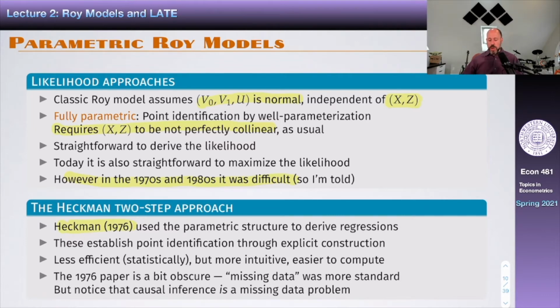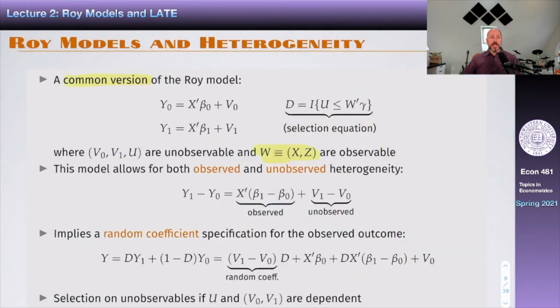If you go back and read that 76 paper, you're going to see that the discussion is not exactly the one we're having here. At the time, it was much closer to the work that Chuck was doing on missing data. But you can reinterpret all that as this type of model where you really want to model selection on unobservables.